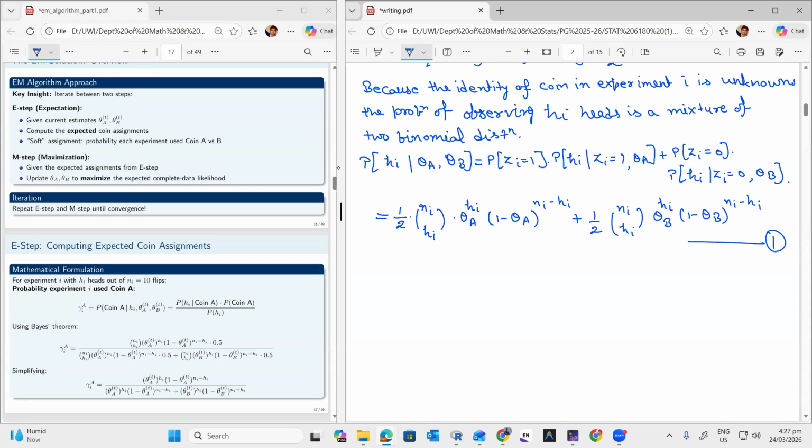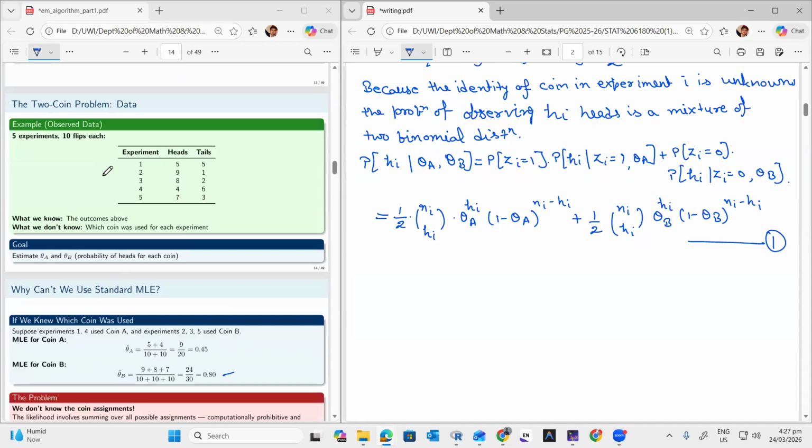Alright, so here we need to assume the independence across the experiments, means experiment 1 is independent from experiment 2, experiment 2 is independent from experiment 3, 4, 5, and so on. All experiments are independent from each other.